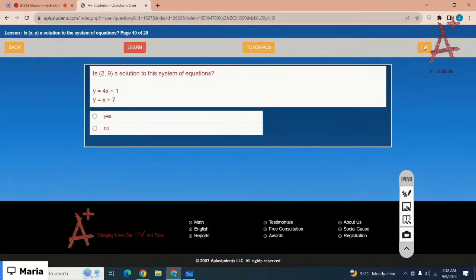Yes, (2, 9) is the solution of the system. The correct option is yes, right?